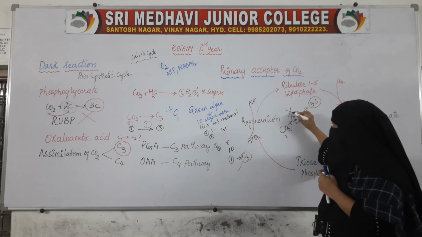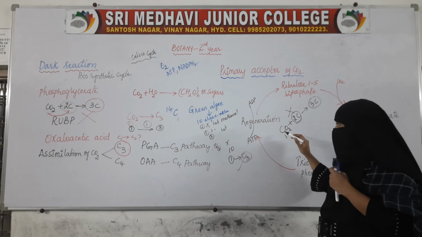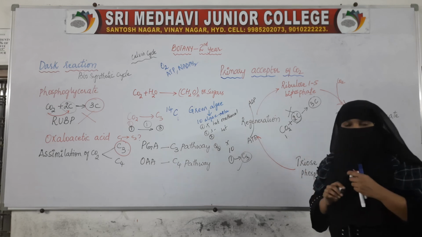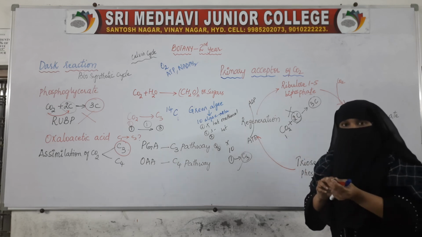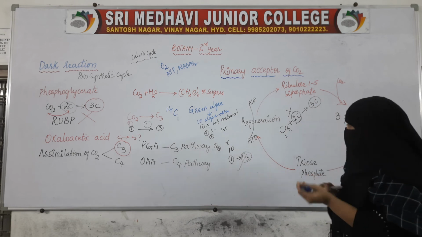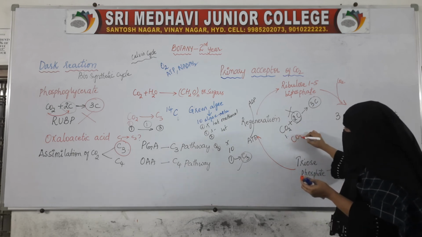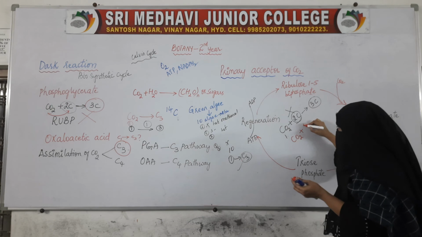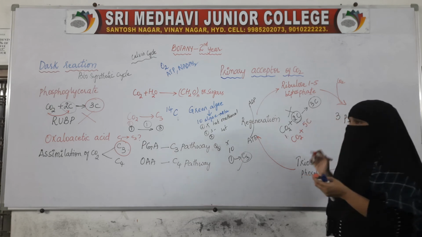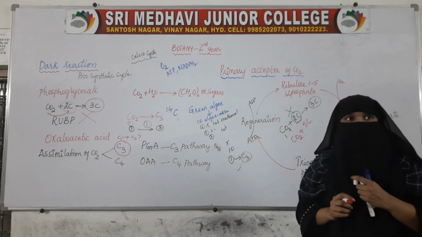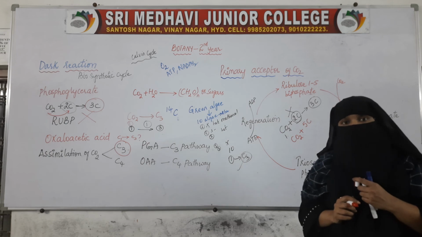But this proved to be wrong. Instead, what they found is that carbon dioxide is combining with a 5 carbon compound.